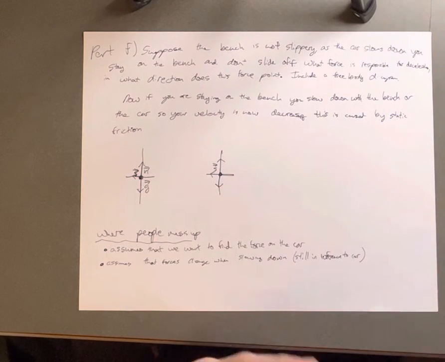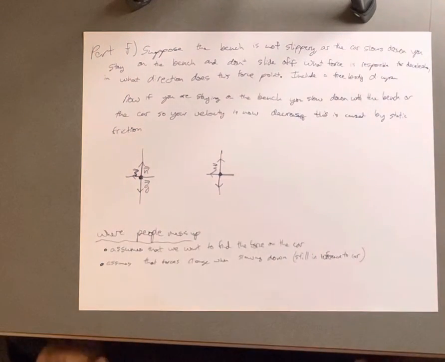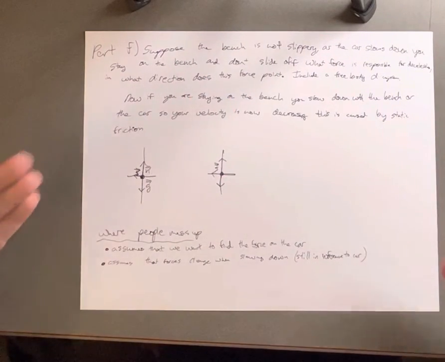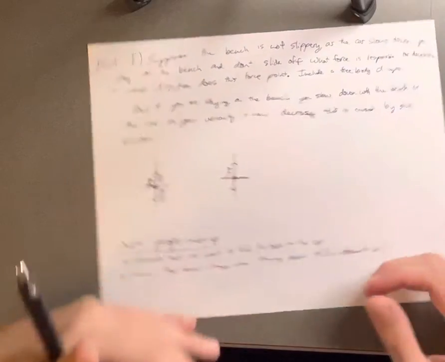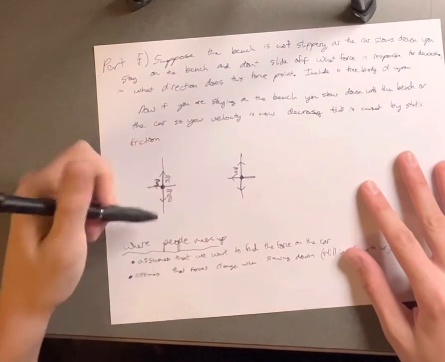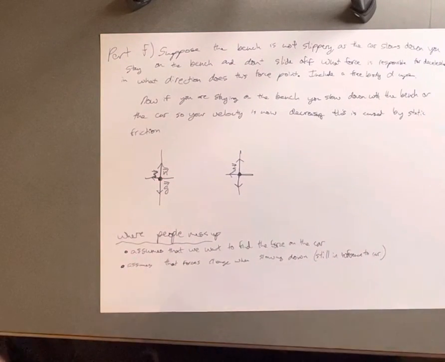It's not necessarily going to equal 0, and your velocity is now decreasing, which is going to be caused by static friction. If it would be kinetic friction, that means you'd be moving, but you're staying on the bench. So if the car was decelerating faster and you're still staying on the bench, then the static friction you see here is going to be greater than the static friction if it was decelerating a little slower. But you're not moving, so you're going to have static friction.